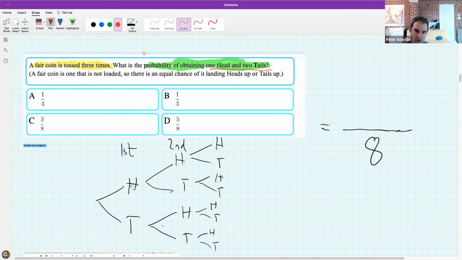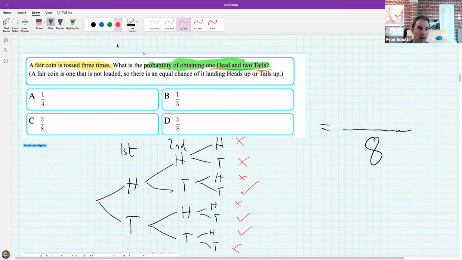So 1 head and 2 tails would not be this one. It's not that one. 1 head and 2 tails, not that one. It is this one. It's not this one. It is that one. 2 tails, and it is that one, and it's not that one.